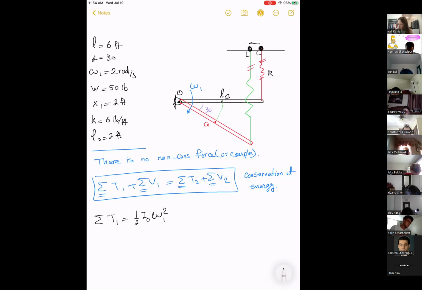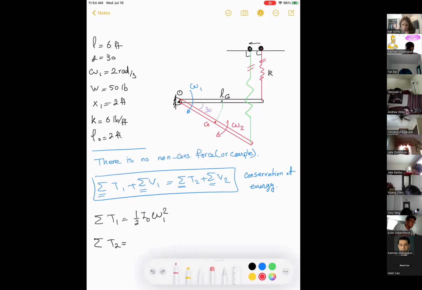The final kinetic energy is the same thing. It's going to rotate with omega 2 here, again rotating about a fixed point. So that's the same, and we're going to get half I about O omega 2 squared. Any question about this part?